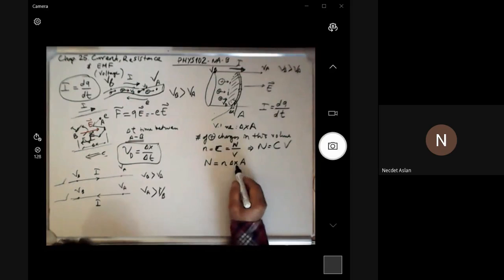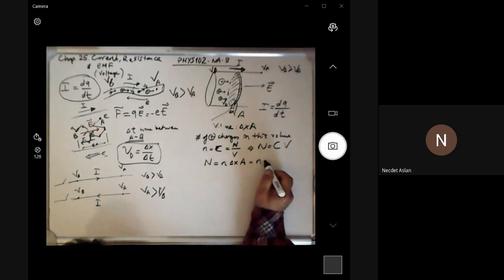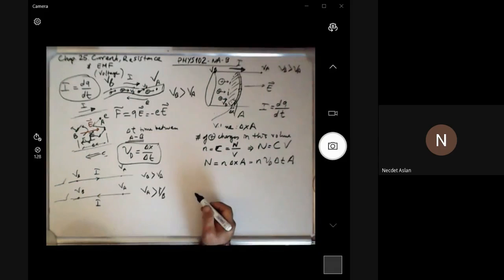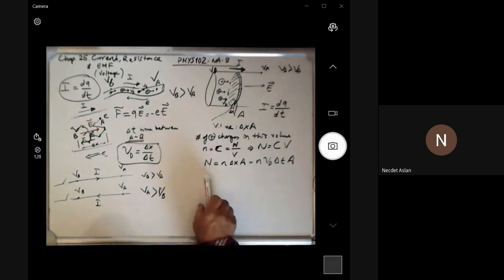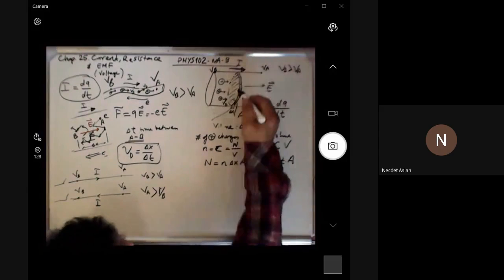In this case, delta x can be written as Vd times delta t. So n Vd delta t, and the area is there already. So this is the number of positive charges within this volume, not outside, just within this volume.